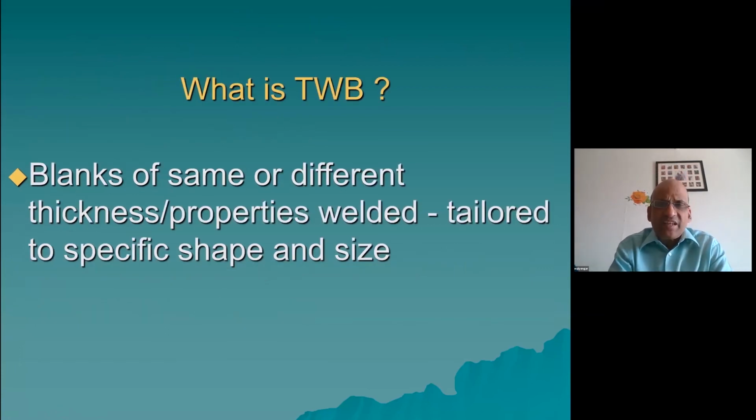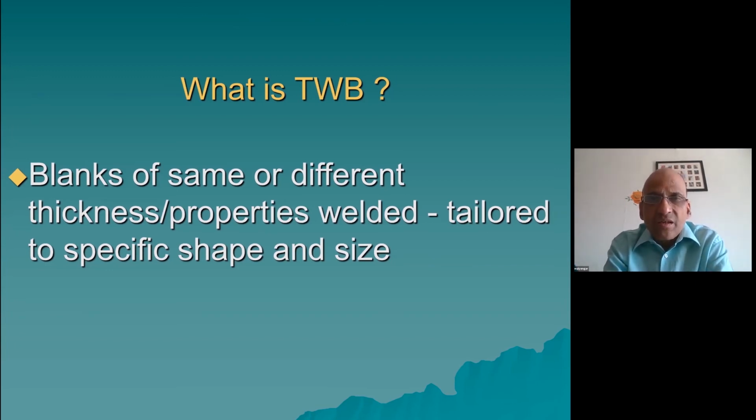Okay, basically Tailor Welded Blank means sheet blanks of either same or different thickness or properties welded together or tailored together to a specific shape and size before the forming process, which means you could have two different materials, meaning grades of different strength welded together, or it could be a similar grade but different thickness welded together, or a combination of these two.